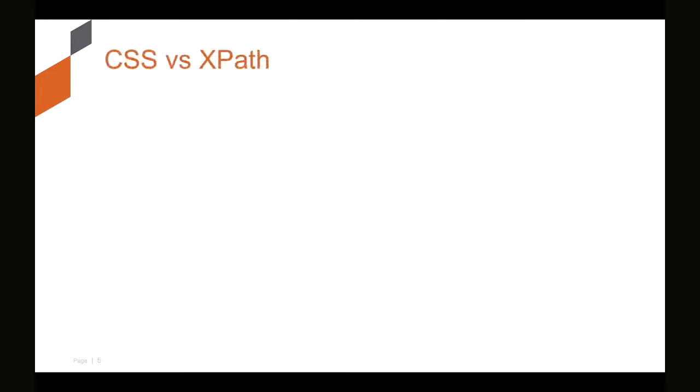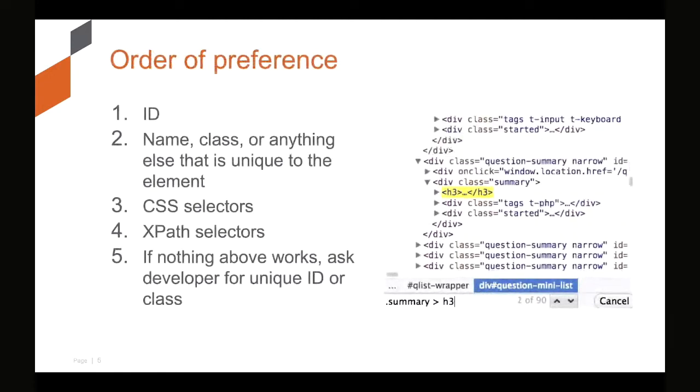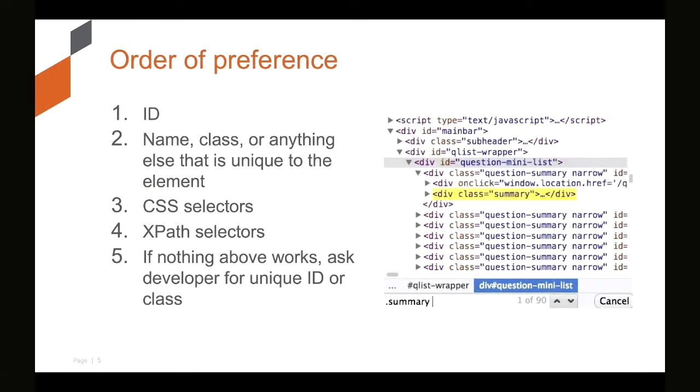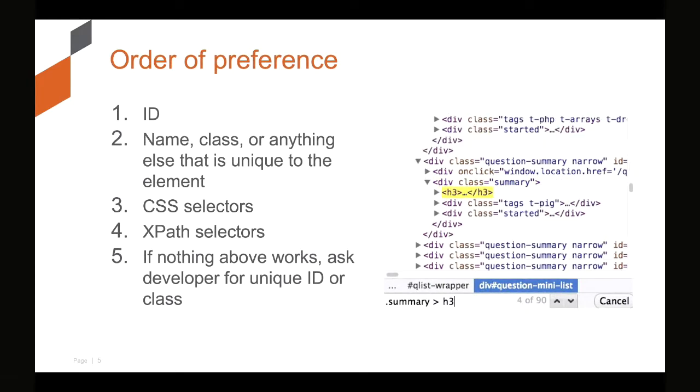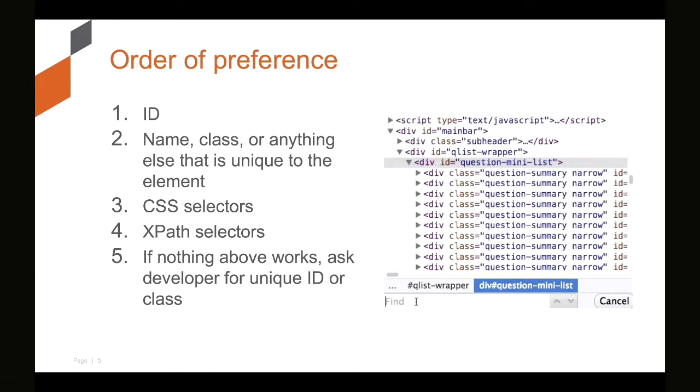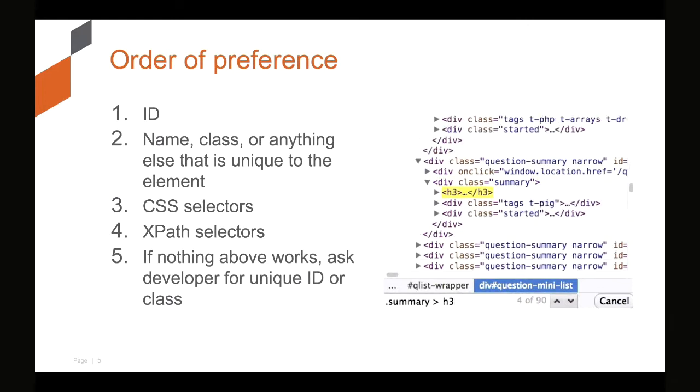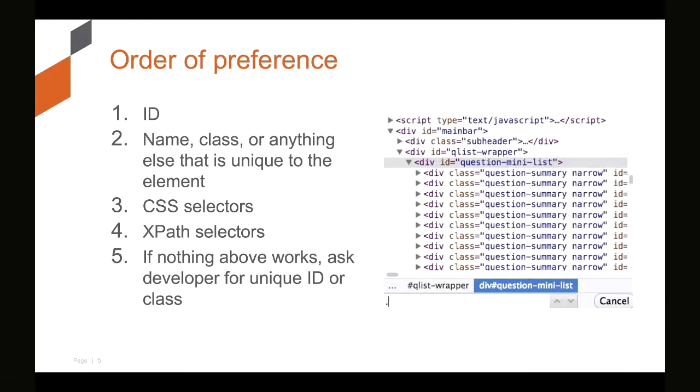Can I add to this order of preference? In the first place, yes, it is ID. By definition, it is unique. It should be a single unique ID on the page. So yes, it is very reliable.